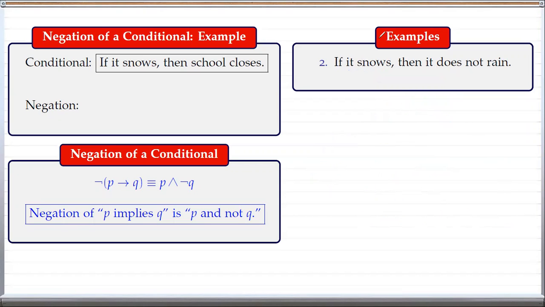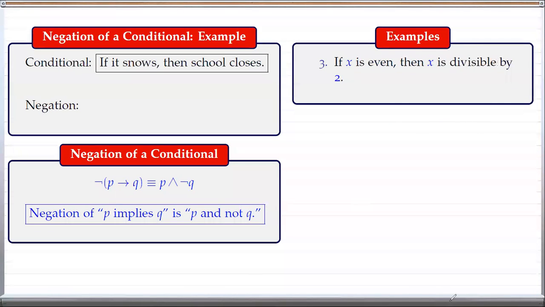Let's look at the next example. It says if X is even, then X is divisible by 2.